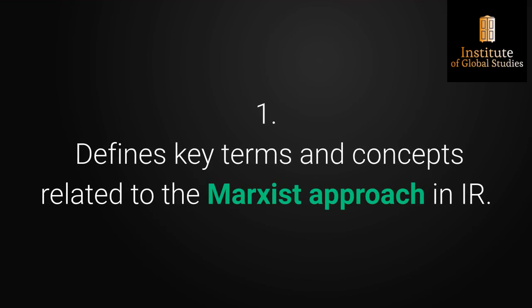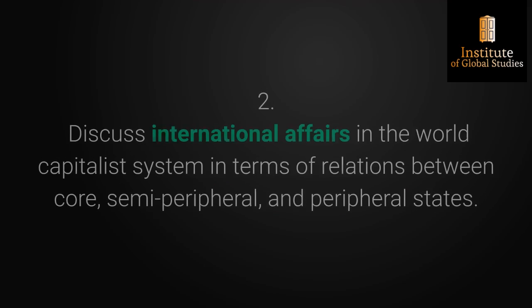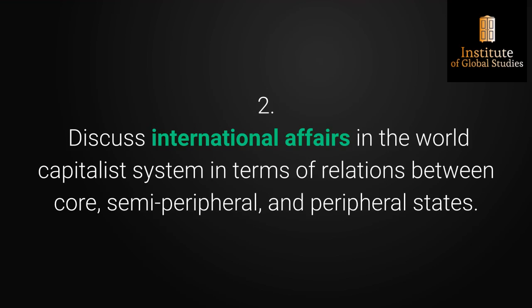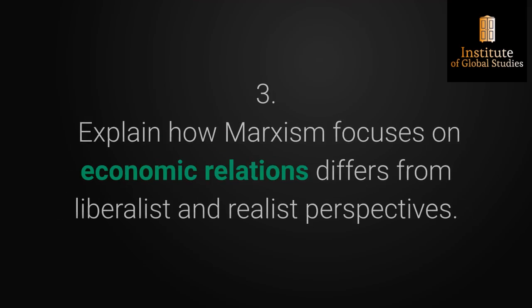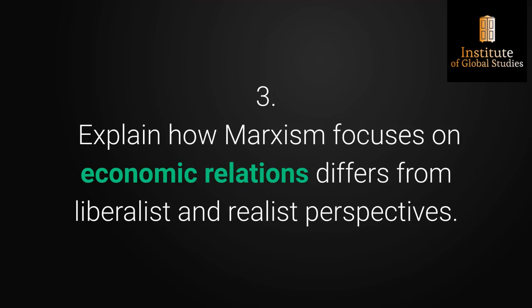Defines key terms and concepts related to the Marxist approach in IR. 2. Discuss international affairs in the world capitalist system in terms of relations between core, semi-peripheral, and peripheral states. 3. Explain how Marxism's focus on economic relations differs from liberalist and realist perspectives.